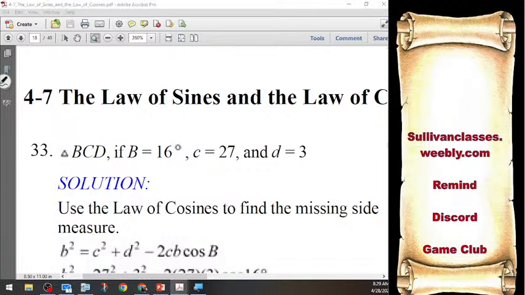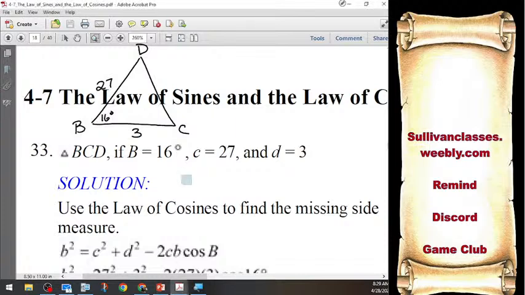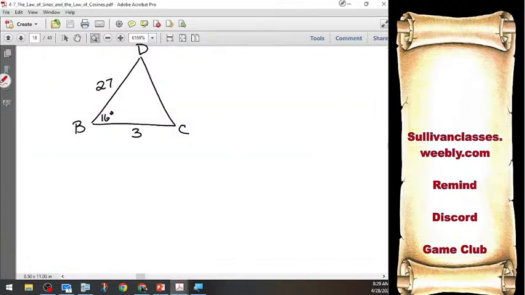If you need to, just draw an arbitrary triangle, BCD, like that. Angle B is 16. Little c is 27. Little d is 3. This is probably not drawn to scale. Being such an itty-bitty little 16, I bet there's an obtuse angle in there.